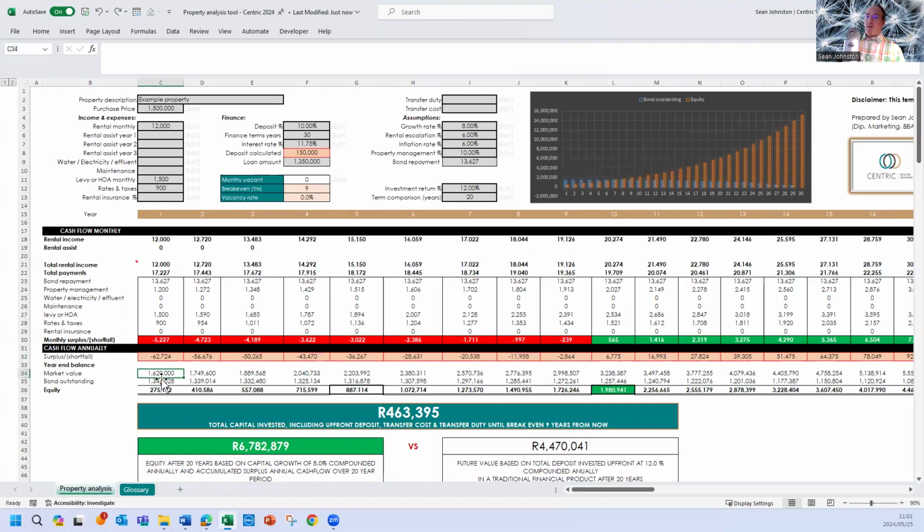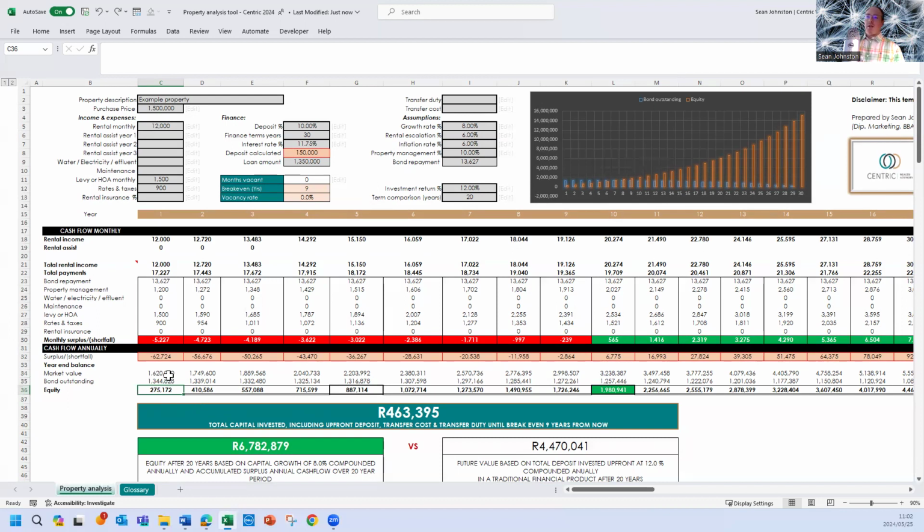But you're looking at the market value minus outstanding bond, and you've got the equity. The equity is the difference between the two. And the best way to explain that is the value in your bond that you could potentially refinance, because your property is an asset appreciating, your bond is reducing through amortization.